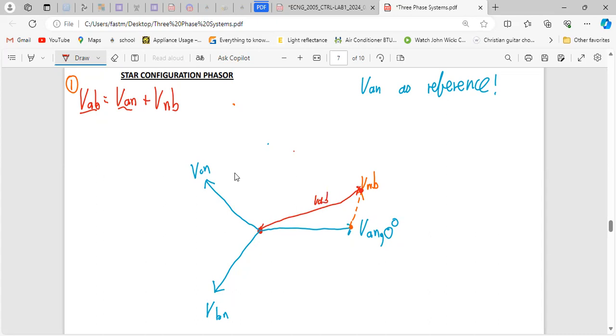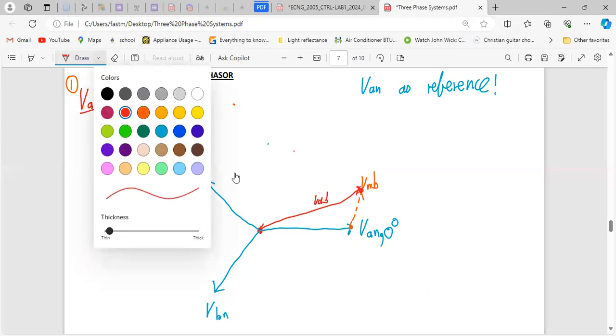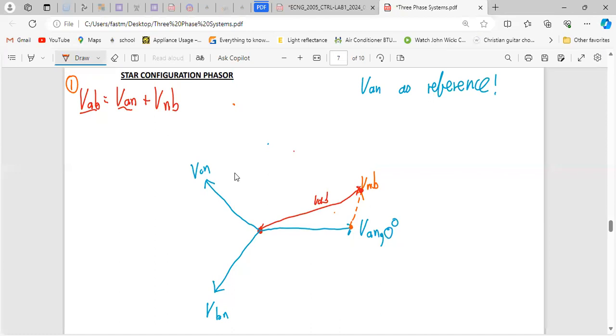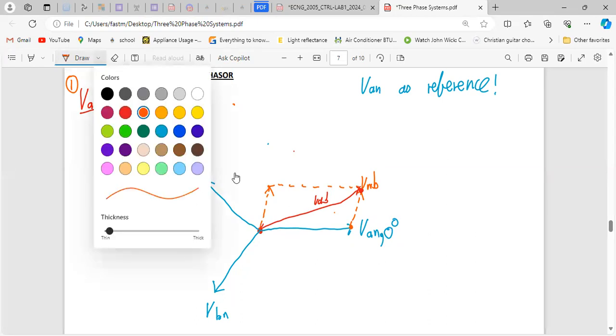You can draw the parallel pieces: this one parallel to this piece, and VAN parallel to the piece on top, with dotted lines. That is one line voltage, and then repeat the same process with the others.